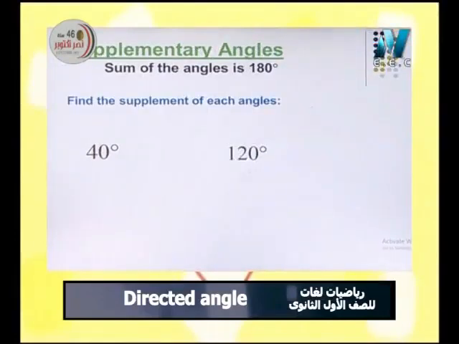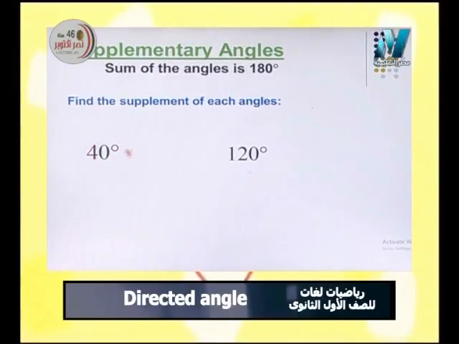Find the supplement angle of 40 and 120. We know that supplementary angles are two angles whose sum equals 180 degrees. So we have 40 degrees here.